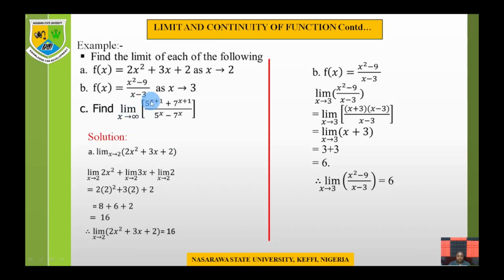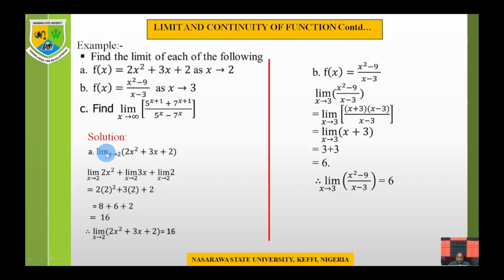of the function 5 raised to power x plus 1 plus 7 raised to power x plus 1 divided by 5 raised to power x minus 7 raised to power x as x approaches positive infinity. Solution.